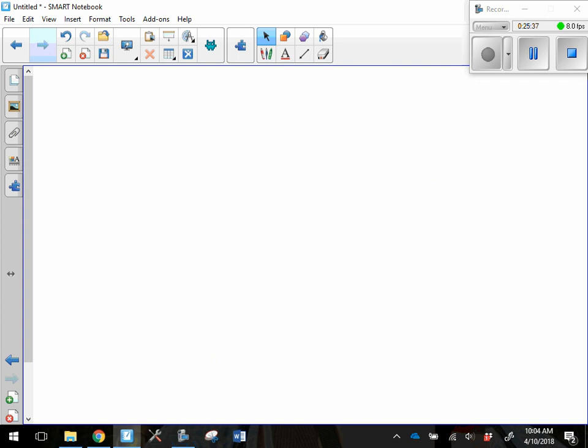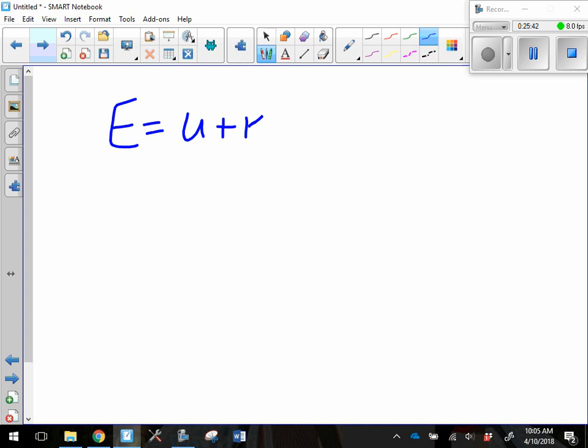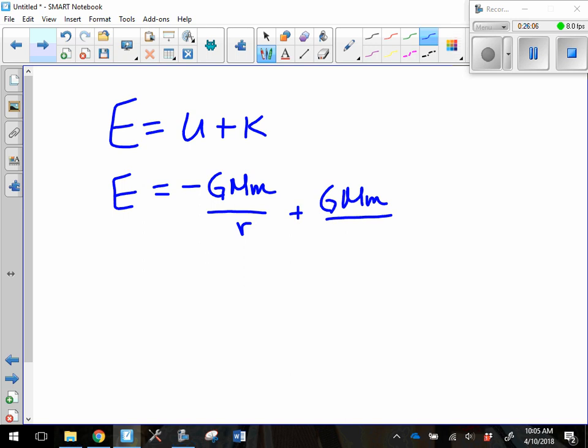So when I'm talking about energy, I'm usually concerned with what the total energy is. My gravitational potential energy is negative GMm over r, and my kinetic energy is GMm over 2r, right?